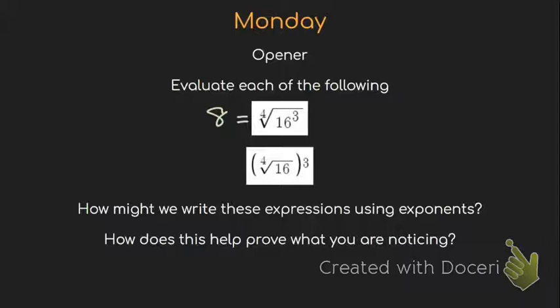All right, what about the second one? What did you get there, Ryan? 8. Really? Huh, weird. 8. Up or down? Okay then. So they have the same value. That's interesting. Almost like that was intentional.